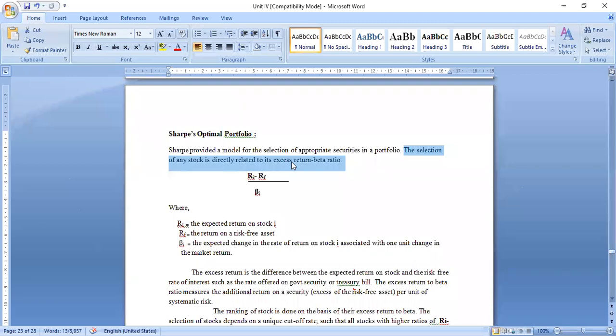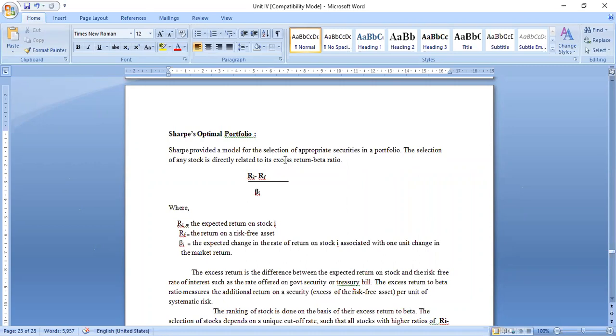This calculation is going to help us find the proportion of investment that we can make towards individual securities in a group of portfolios, and eliminate those securities which might give us negative returns, so that we understand clearly when we solve a problem on Sharpe's optimal portfolio.